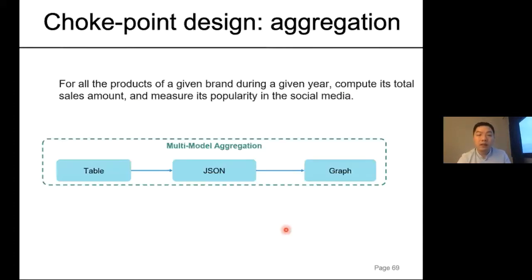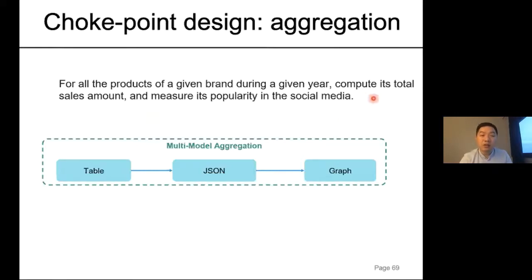So the second choke point design is aggregation. It demands a processing engine to handle the complex aggregation of multimodal data. For example, query 8 asks for all the products of a given brand during a given year.